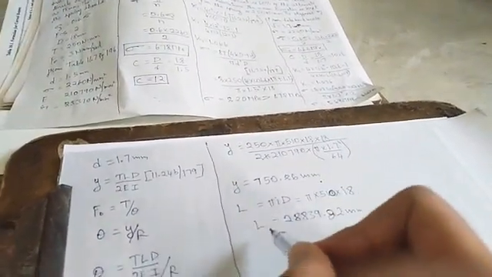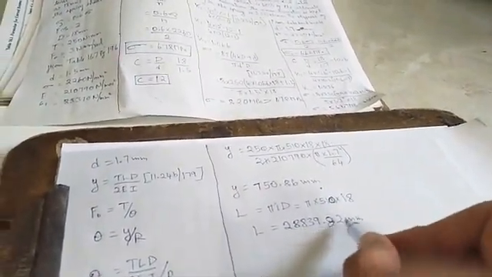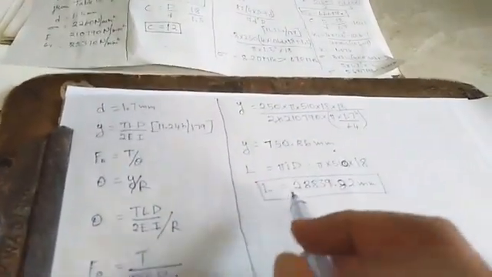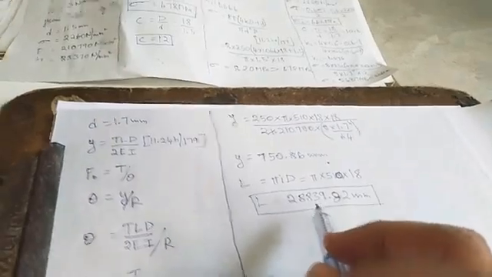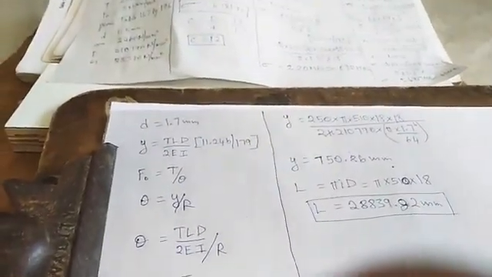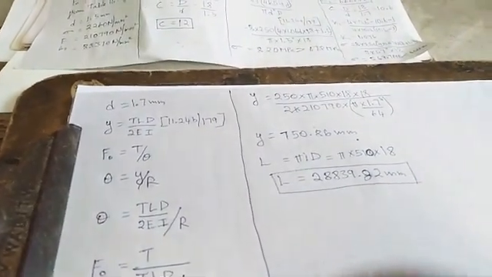So the total length of the spring is 28839.82 mm. So we have designed the helical torsion spring. In the next class we shall see a new type of spring called bevel springs.